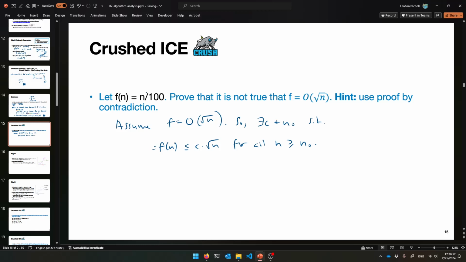So it's showing that n over 100 is less than c times square root of n for any n greater than this n naught. Let's try to use this idea to create a contradiction.